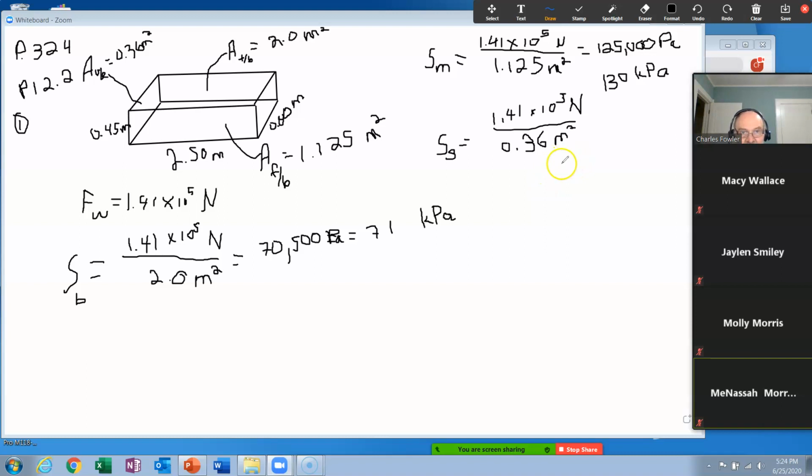So I'll write it down like I did before. I don't have much room, so let me write it under here. That would be 391. It's really 392,000. There's no reason to round there, but just to get it, and that would be 1,000 pascals. I've already rounded that part, but I rounded too much.